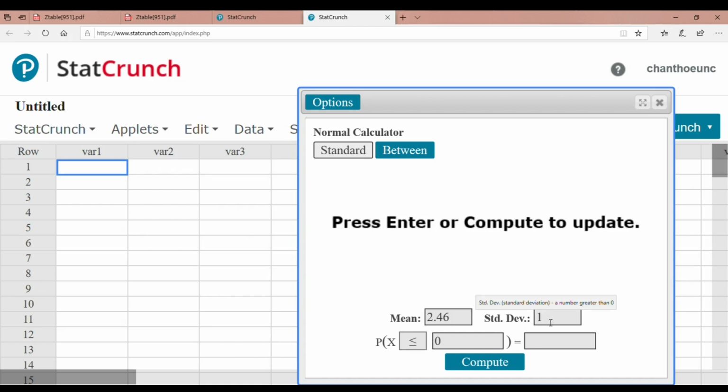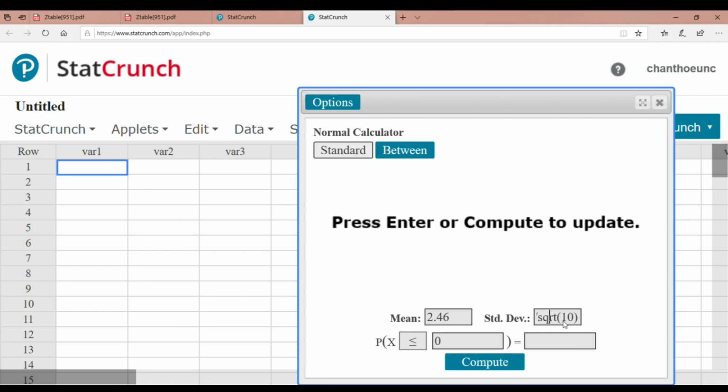And now the standard deviation is going to be 0.02, but we have to use the central limit theorem in this problem. So I'm going to put divide by SQRT, and I'm going to put a set of parentheses around 10.